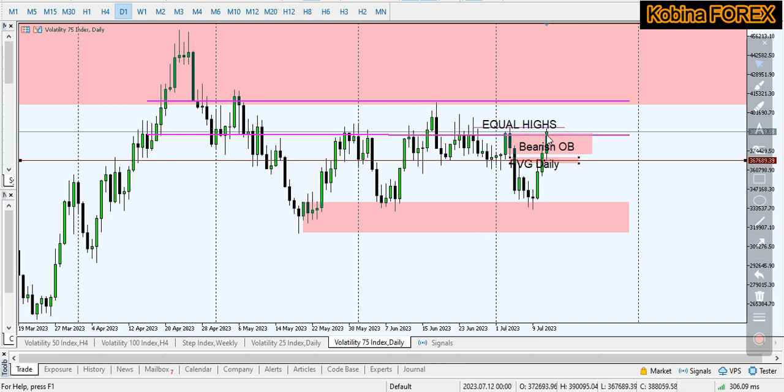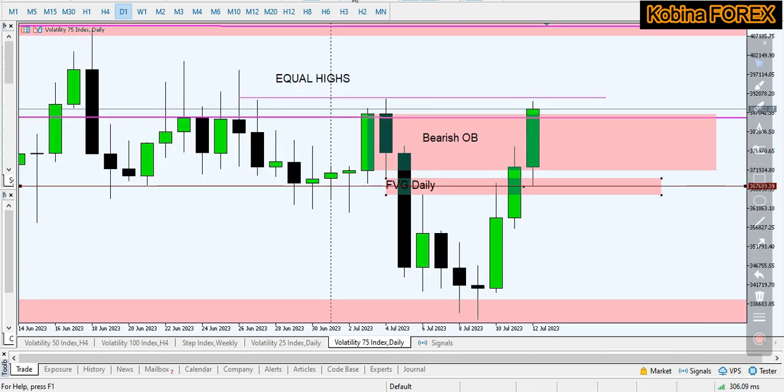If price should close in above this, I'm expecting it to push further. Even as price has just retraced into this, it can be a different story tomorrow, but let's see how price is going to close in on this price point.